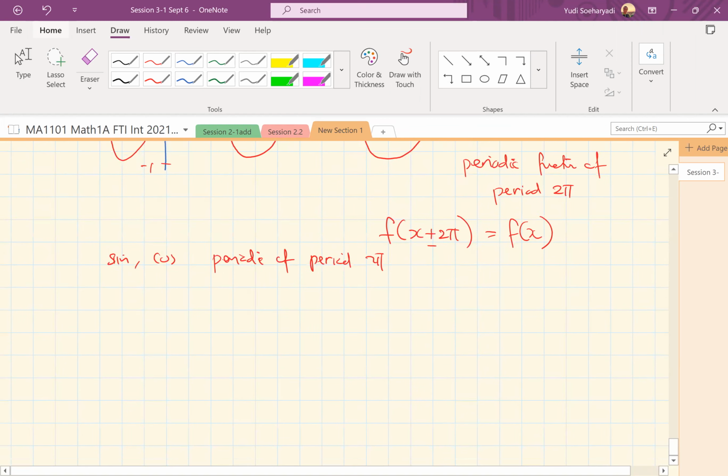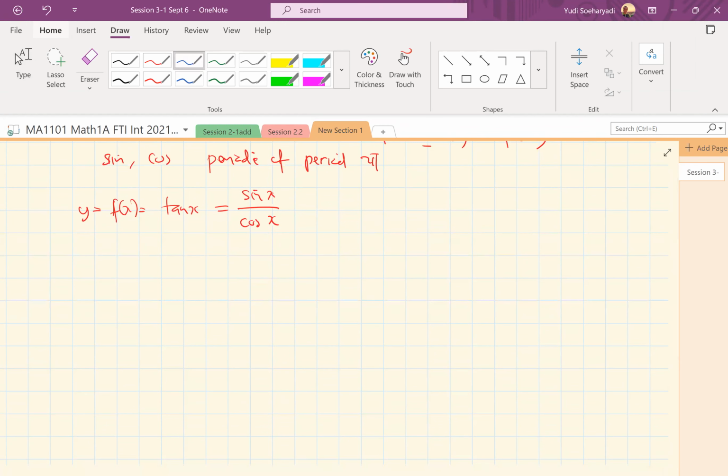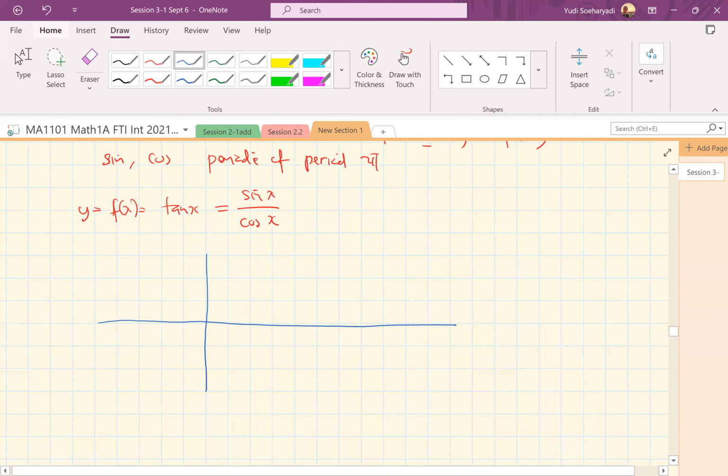What about tangent? Well, that's sine over cosine, so we deal with something slightly different, because cosine can be 0. Remember, we didn't go from the beginning. So we would have asymptotes later on.